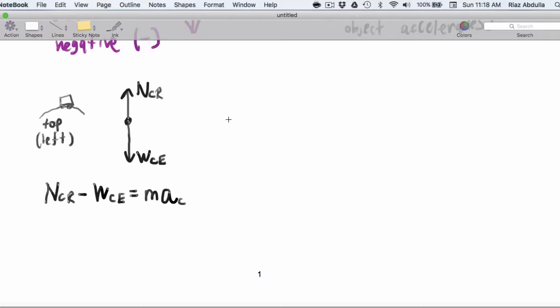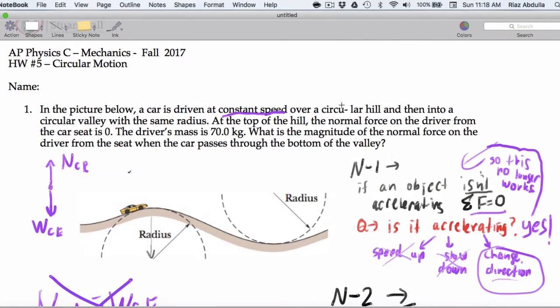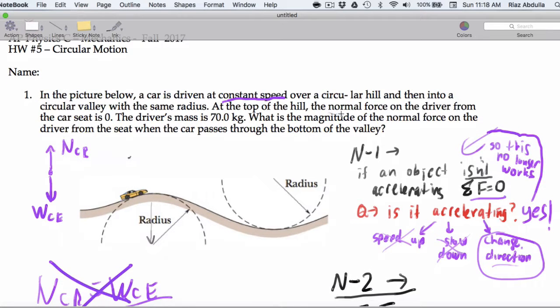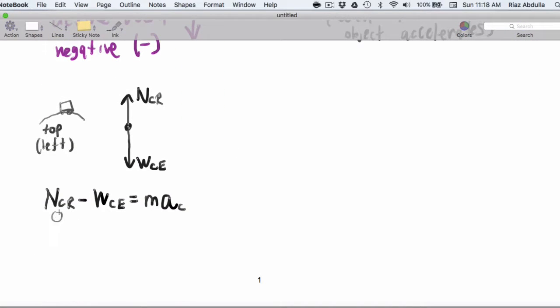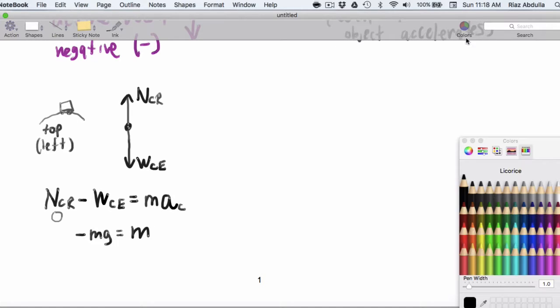And again, to be clear, we're told that at the top of the hill, the normal force on the driver's car seat is 0. So that tells us this value is 0. And so we're going to end up getting negative mg equals m. And now, right here, we finally account for the fact that it's circular motion, and we put in v squared over r for the acceleration.